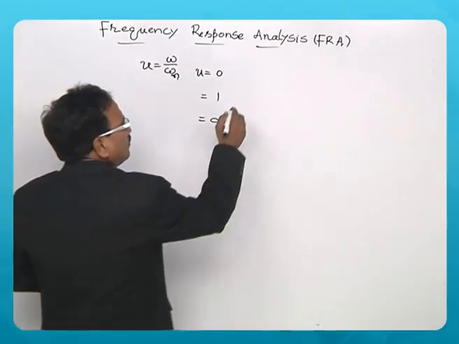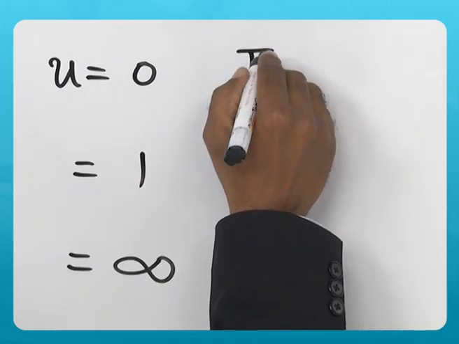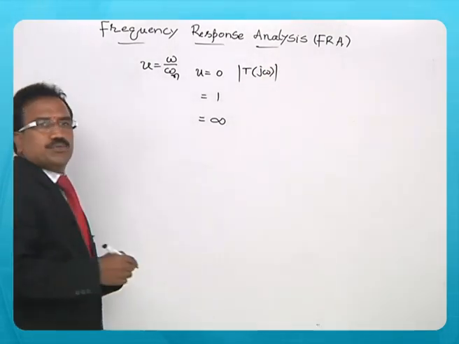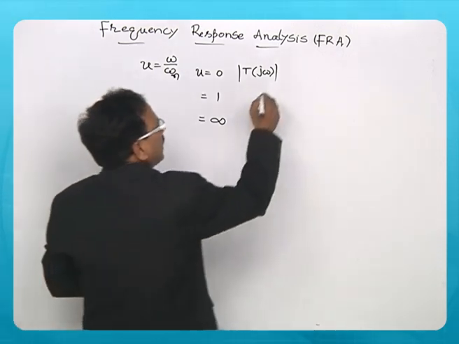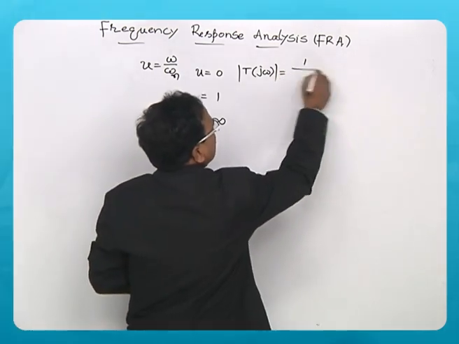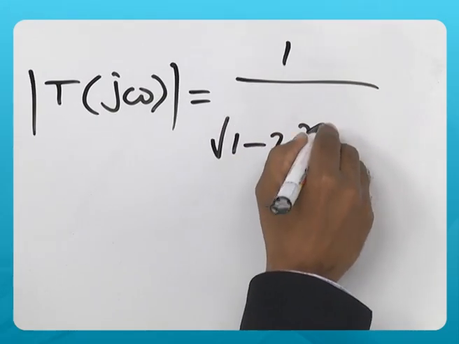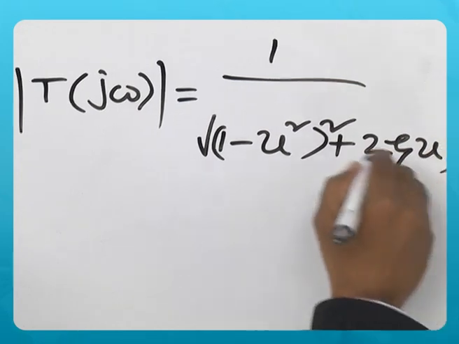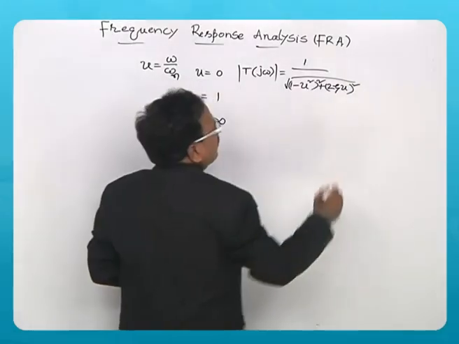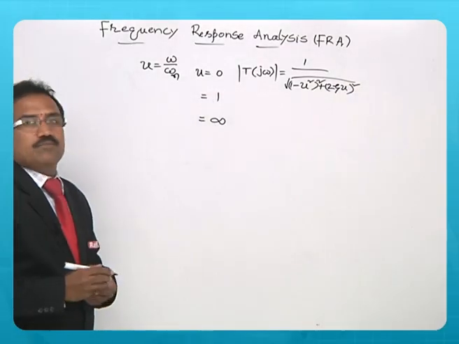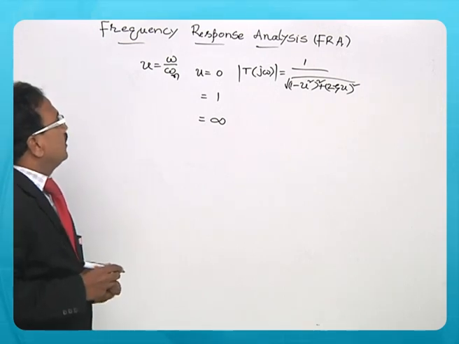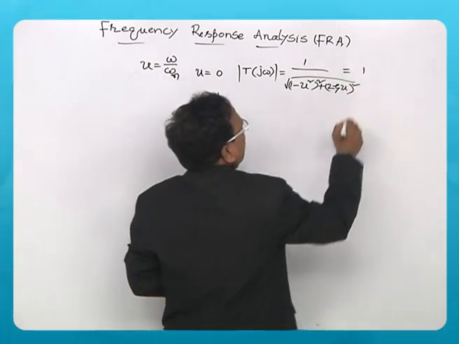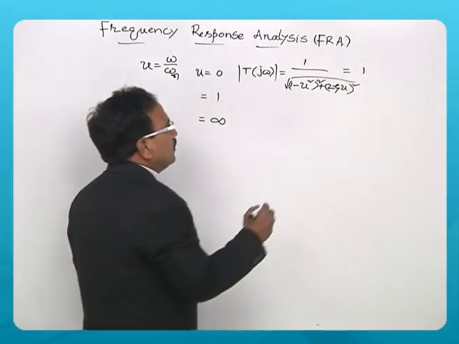Now the magnitude term T of j omega is 1 by under root of 1 minus u square whole square plus 2 zeta u whole square. If you substitute the lower extreme, that is u is 0, the magnitude term will be 1.